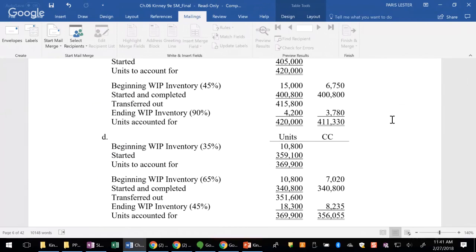Okay, now let's look at 21. I want you to do A and B on number 21 without the help of a computer or laptop or cell phone.